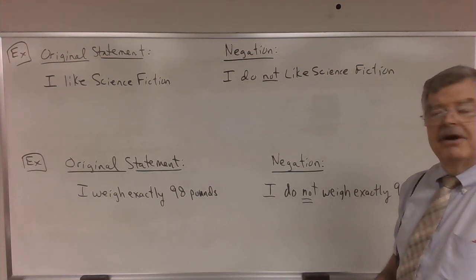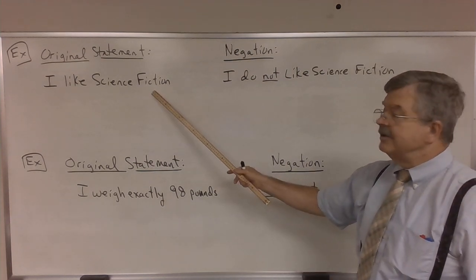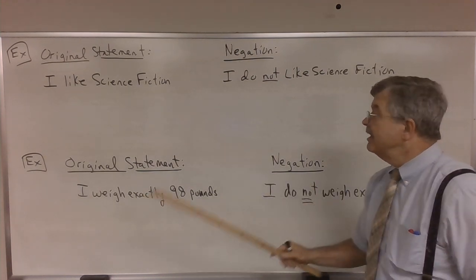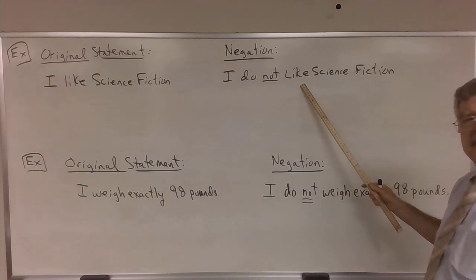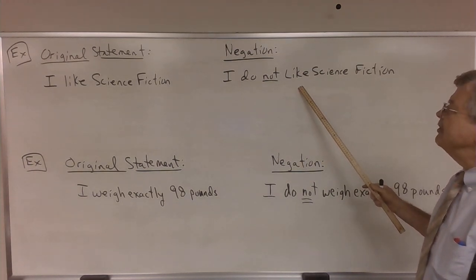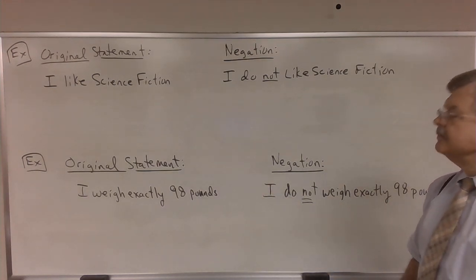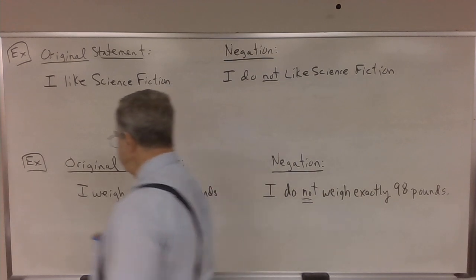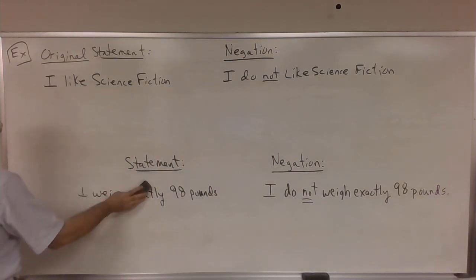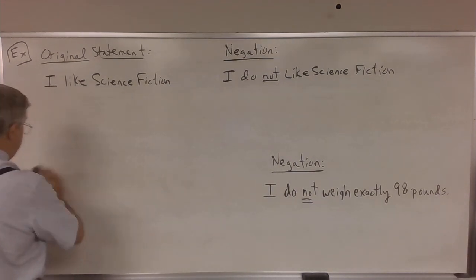Okay, so whatever the truth value is of the original statement, the truth value of this statement is the opposite. So this is the negation. And maybe one more example.